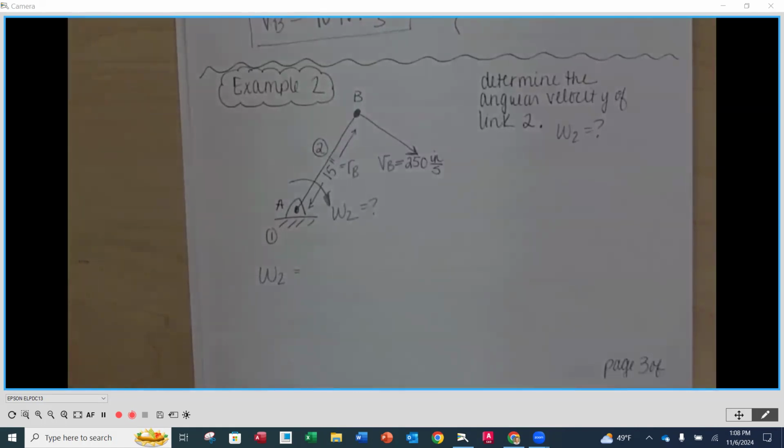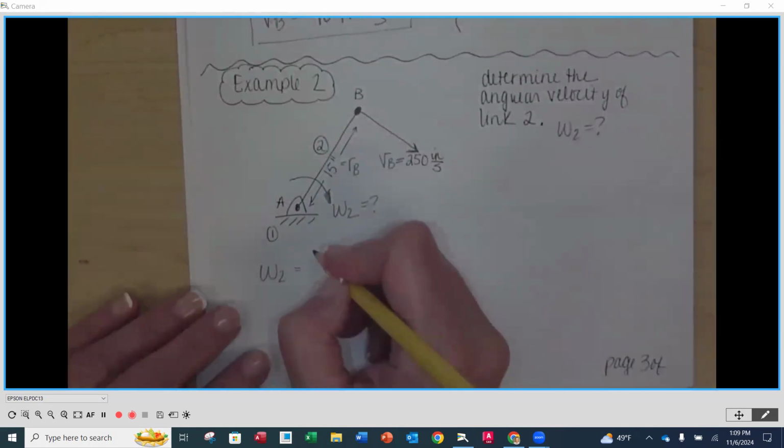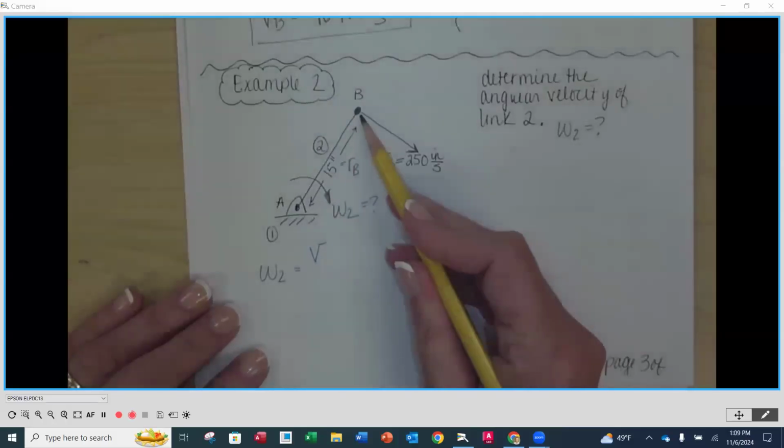We're looking at one link, but when we start having multiple links in a mechanism, when we start looking at relative velocities, it's going to be really important because we're going to have the opportunity to calculate multiple W's. So make sure you're putting your sub 2 here so that we know it's the angular velocity of link number 2. This is going to be the velocity at, now what's the known velocity?